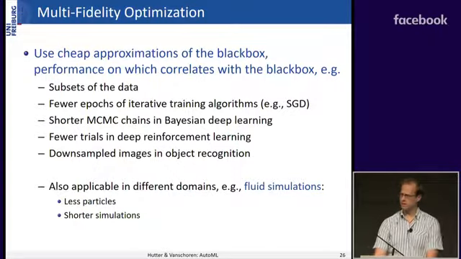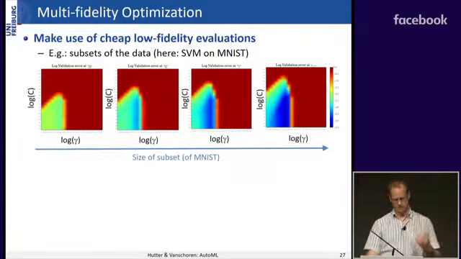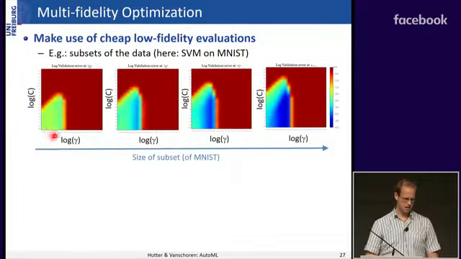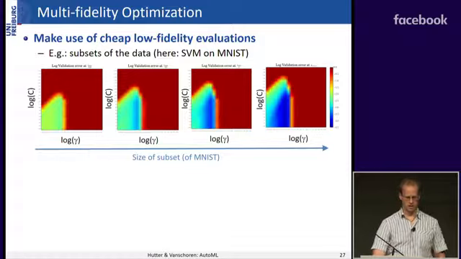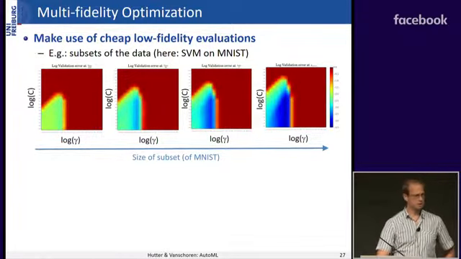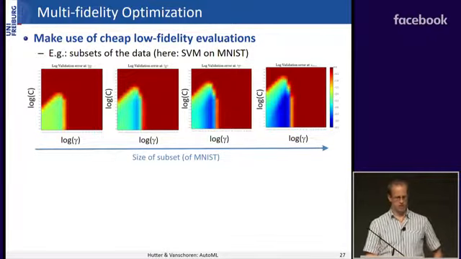So how do you use these multi-fidelities? Here's an example. This is an SVM fit on MNIST. This is the entire MNIST data set, 50,000 data points. And here there's roughly 400 data points. And the two most important hyperparameters, C and gamma. And you see that the response surfaces actually look quite similar.